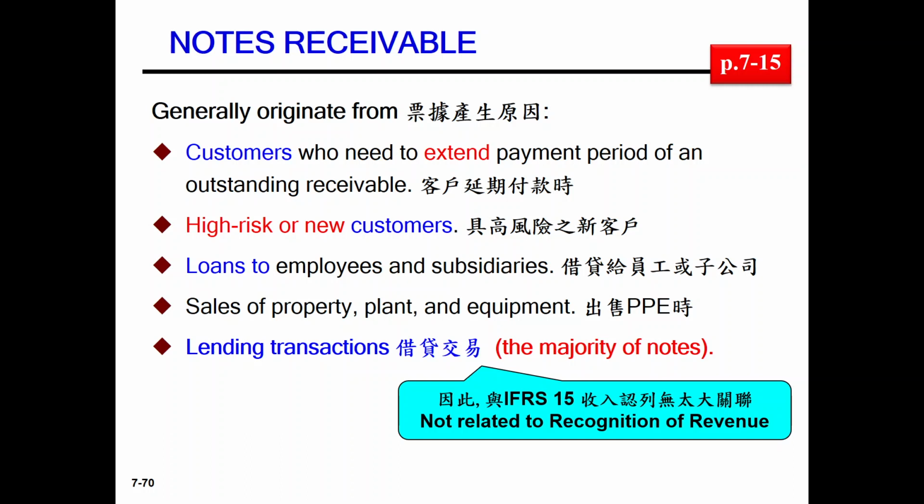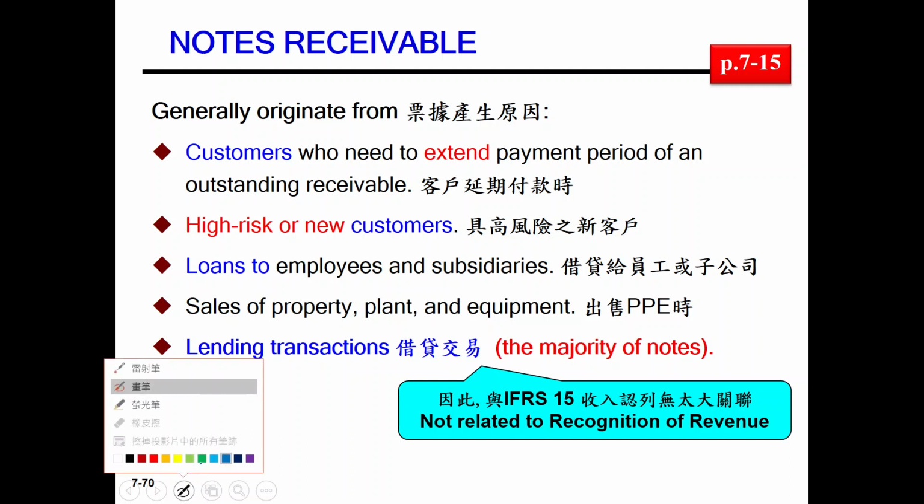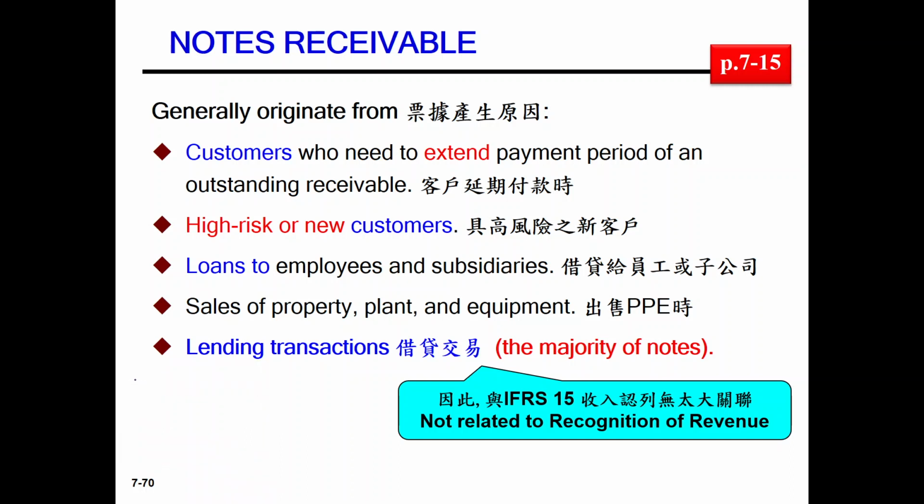Because sales revenues mean you have accounts receivables. So that's why when we talk about accounts receivable, you have to think about sales revenue and how we record that revenue. Then it affects how you record accounts receivable.